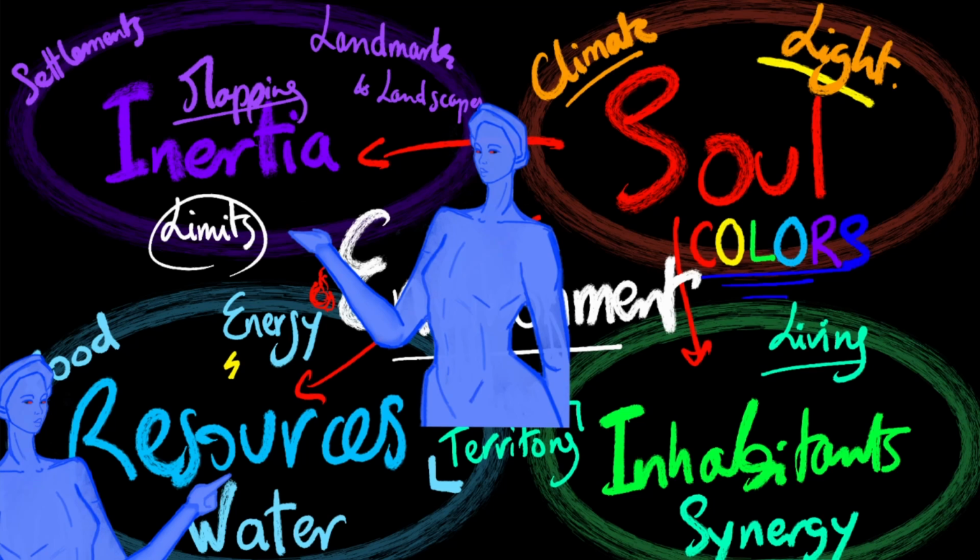So the limitations of an environment in terms of inert structure will allow a population to build settlements, to build landmarks, and to make use of the landscapes to build them. The inert structure, the bed of your environment, determines its mapping and how you will create plans on how to use it and how it can be used in the future.